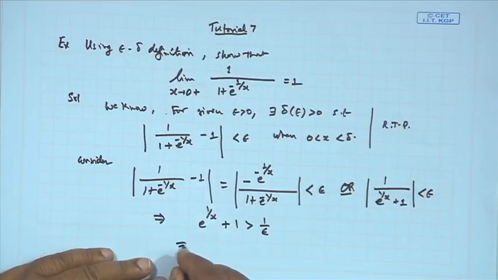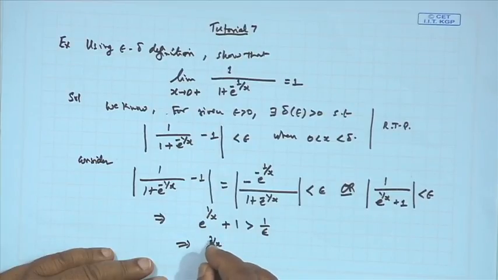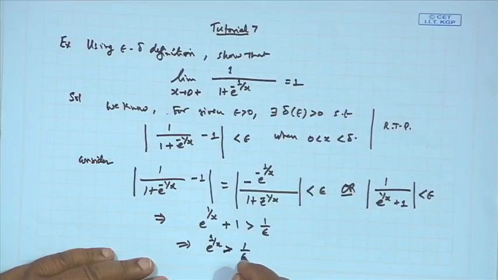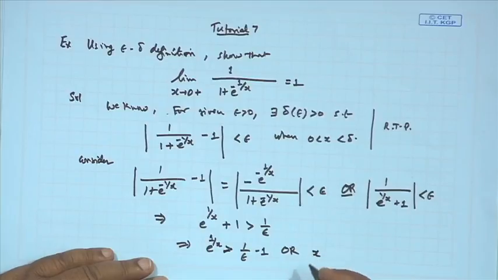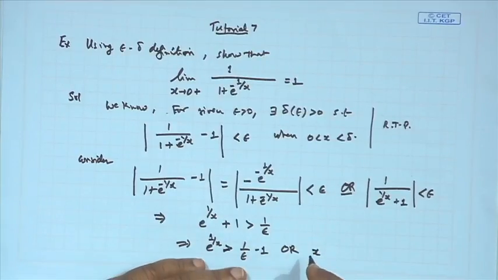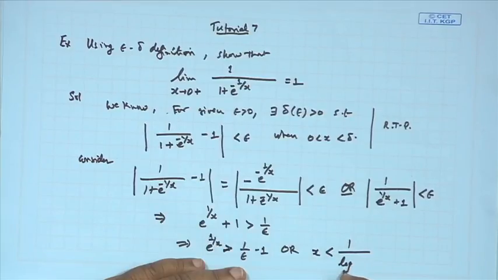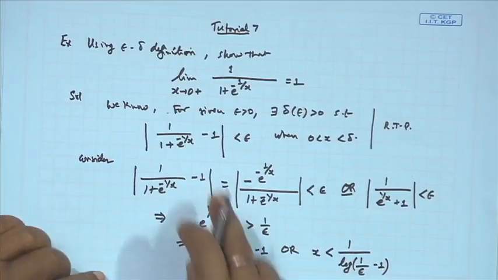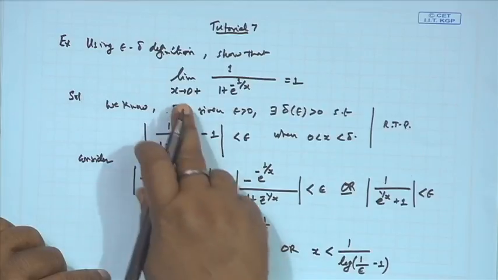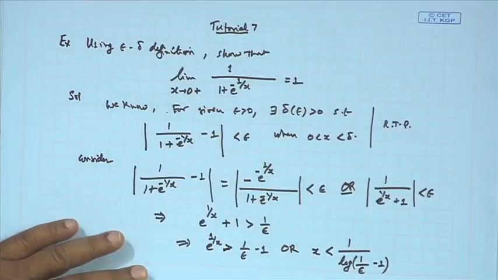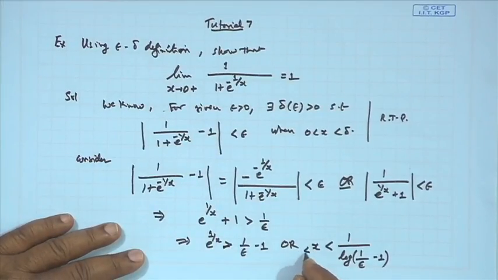Therefore, it implies that e to the power 1 by x is greater than 1 by epsilon minus 1, or we can say x is less than 1 over log of 1 by epsilon minus 1. But x is already positive, since x is tending to 0 from the positive side, so x is greater than 0.